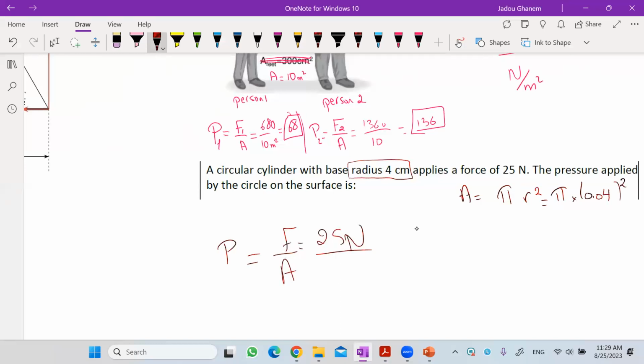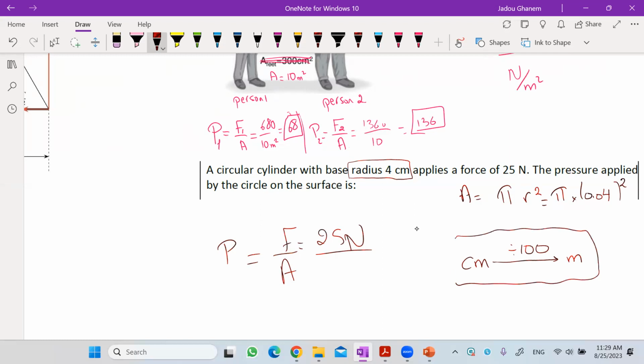Squared. How is it? Usually, if you want to change from centimeter to meter, you must divide by 100. So 4 divided by 100, the point will go to the left. All right?